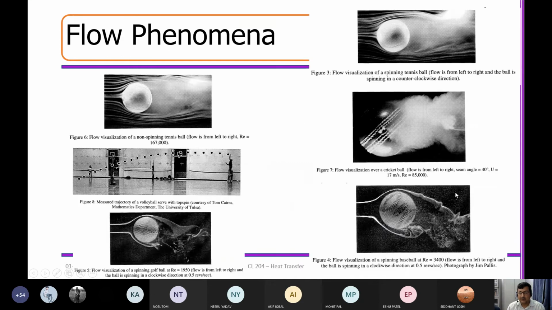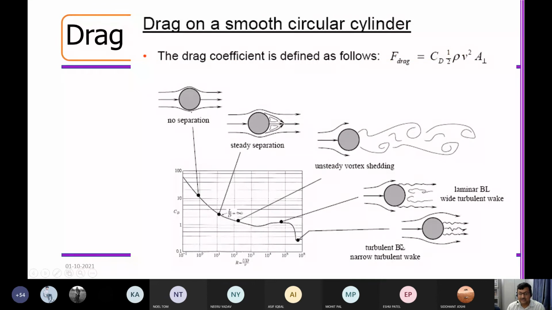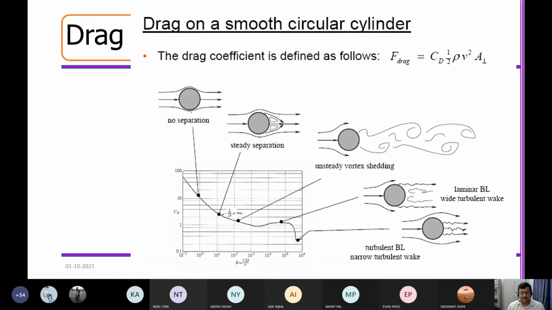When the boundary layer is also turbulent, you gain. This is where you are going at 40 or 50 kilometers per hour in your car, where you hit that optimum speed for the best fuel efficiency. But then, I come to the heat transfer part.